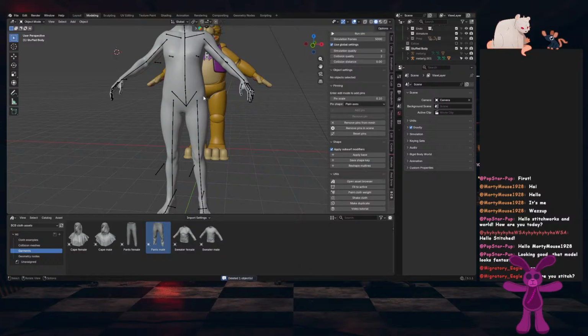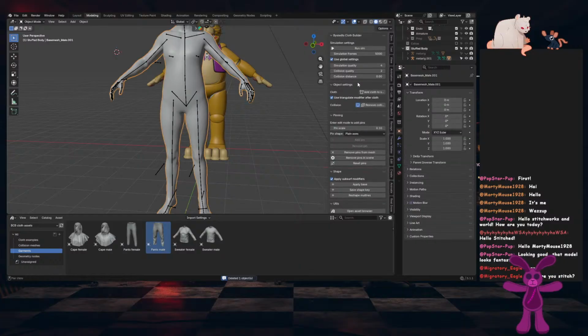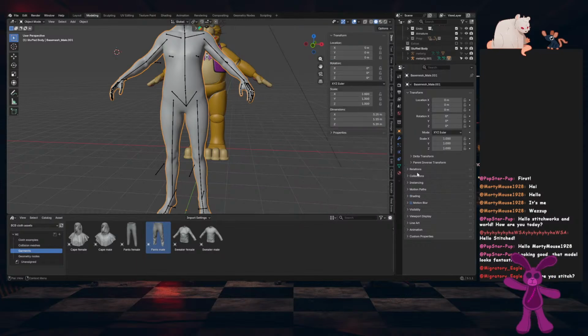Okay, I don't think this is going to work very well, so we're just going to move collision and close that down.